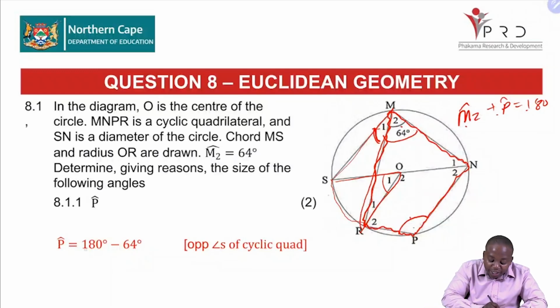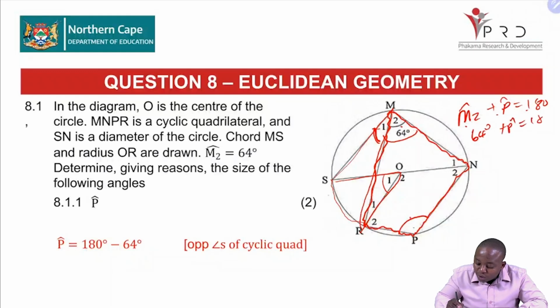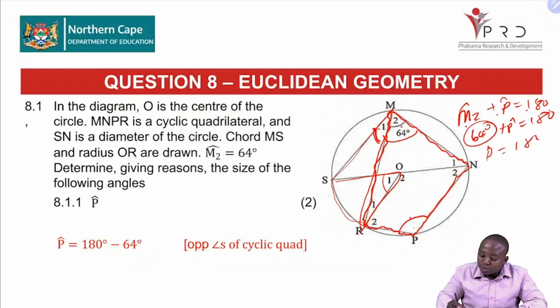Then how do we get that P there? M2, we already know it was 64, plus P equals 180. Then I can just transpose the 64 to the other side. Then angle P is going to be 180 minus 64. Then our angle P will become 116 degrees.